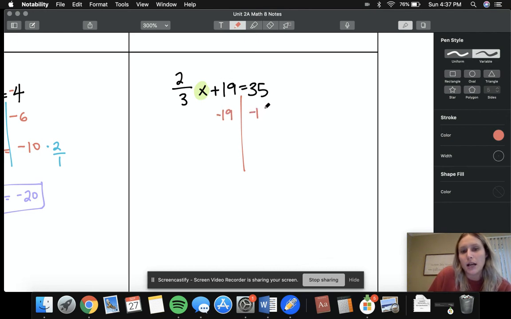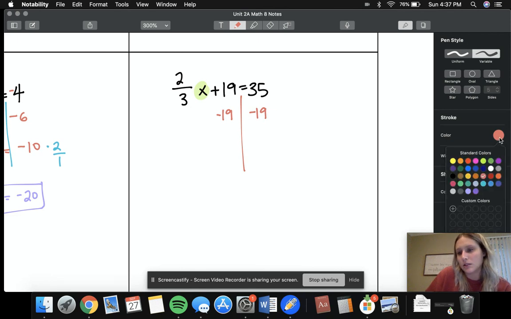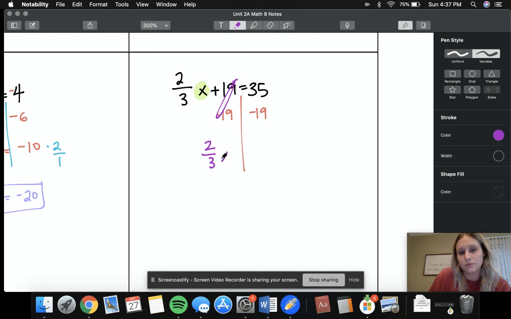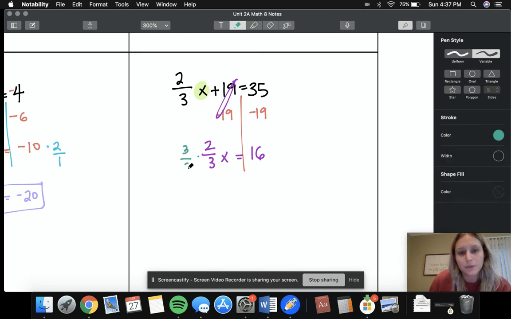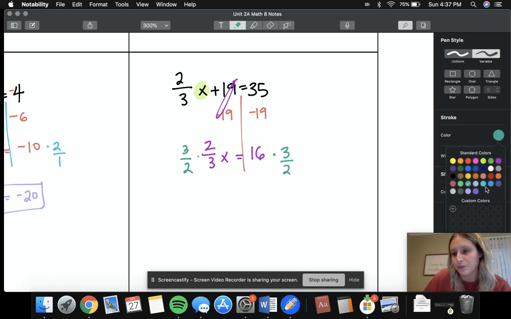So we would subtract, or add a negative, to it. 35 minus 19 is 16. Okay. So now we need to get rid of this 2/3. The way I'm going to get rid of this 2/3 is I'm going to multiply by the reciprocal. So the reciprocal of 2/3 is 3/2.